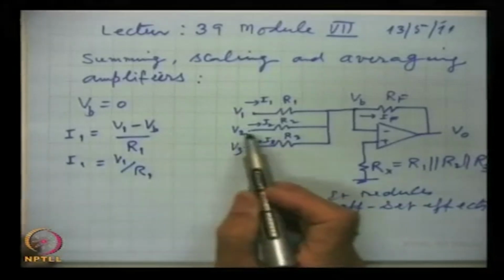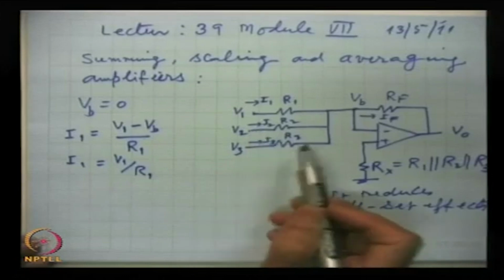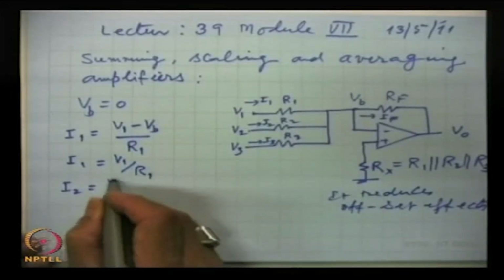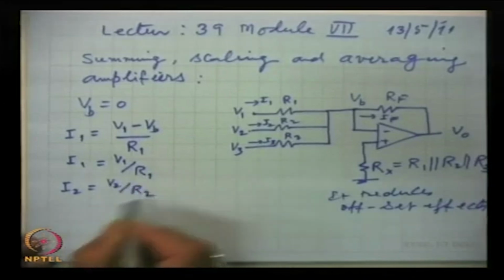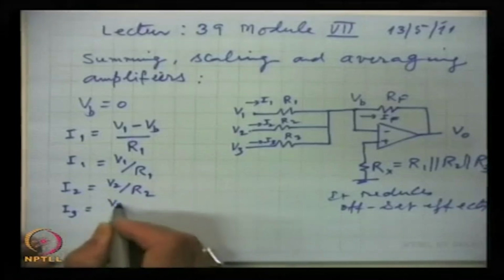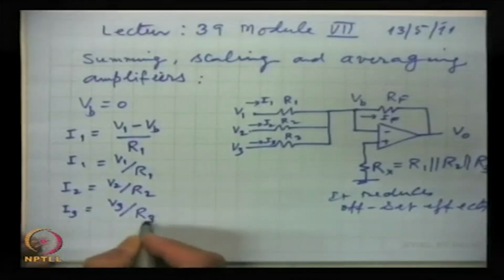Similarly, we can write for I2 and I3. So, I2 is V2 by R2, I3 is V3 by R3.